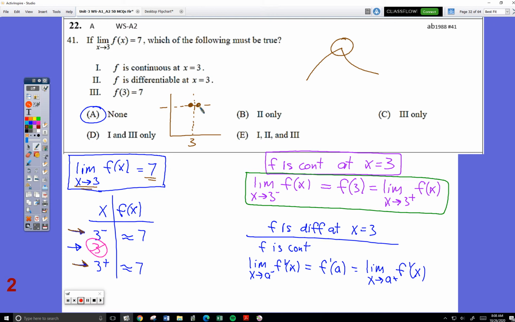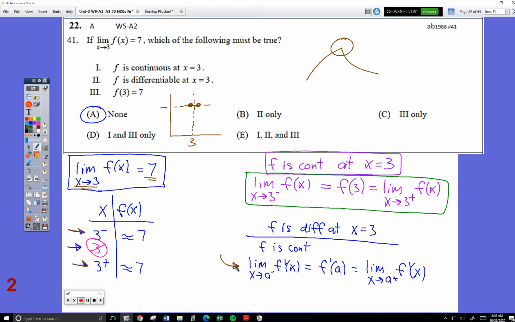Follow-up questions? Please. Why is it f prime? So the word differentiable, 2 points for Miles. Miles asked why this definition is referring to f prime, correct?